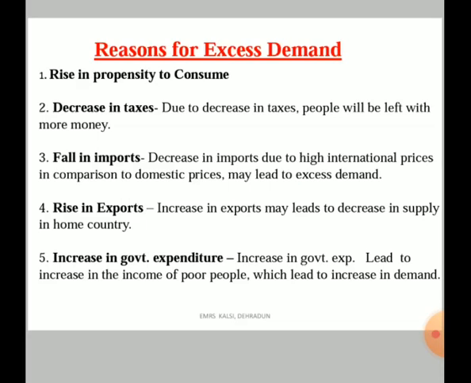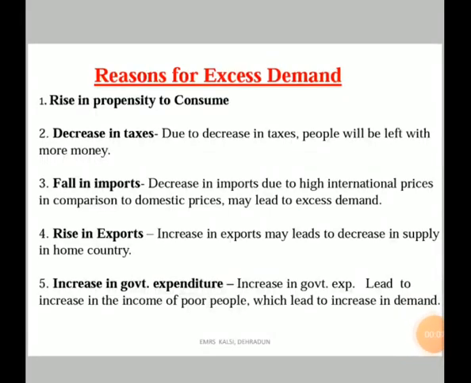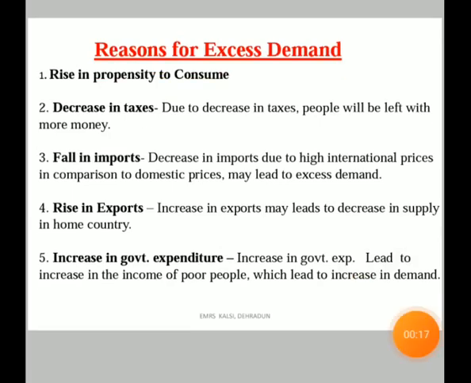Now the third reason for excess demand is fall in imports. How does a reduction in imports lead to excess demand? We will understand with an example.